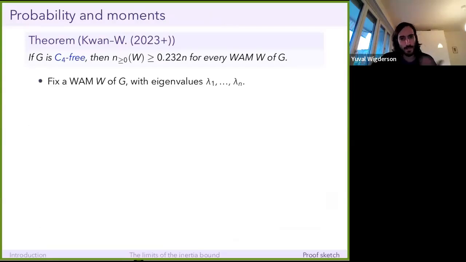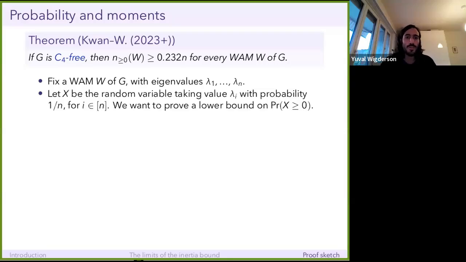So, all right, let's fix some weighted adjacency matrix and let its eigenvalues be λ1 through λn. It's helpful to think of this probabilistically. It's not really necessary, but I think it's a good way of thinking about it. Let x be a random variable that picks one of these eigenvalues uniformly at random.